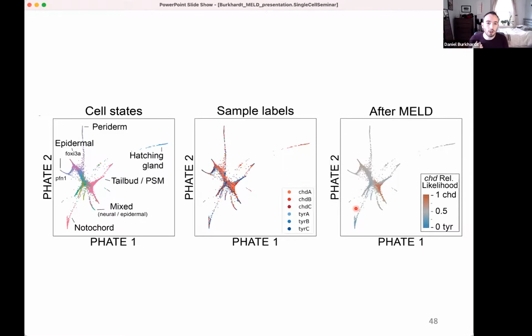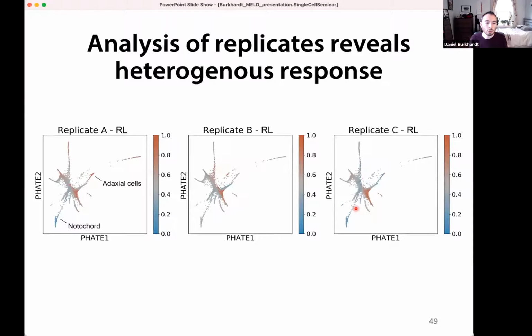And to get at the question that Samit was asking a little bit earlier, what do you do if you have multiple replicates or multiple samples? When we run MELD, we estimate this per replicate, so per sample. So what we do is take the cordon A and tyrosinase A, create the sample associated densities, and then normalize the likelihood across those two to get this one estimate of the likelihood of observing a cell in the cordon condition relative to the tyrosinase condition.